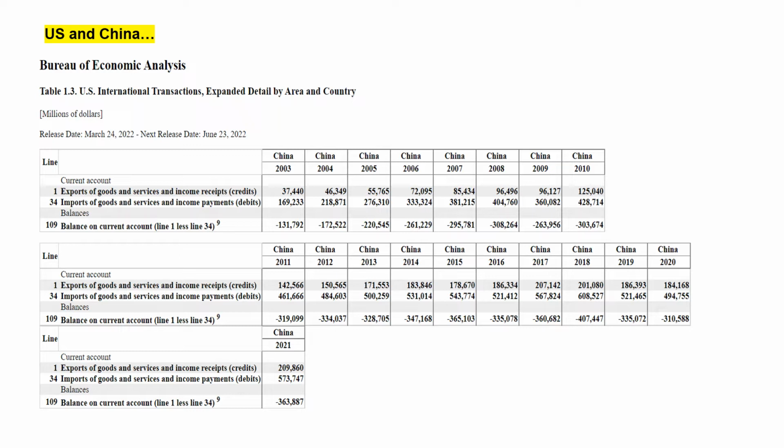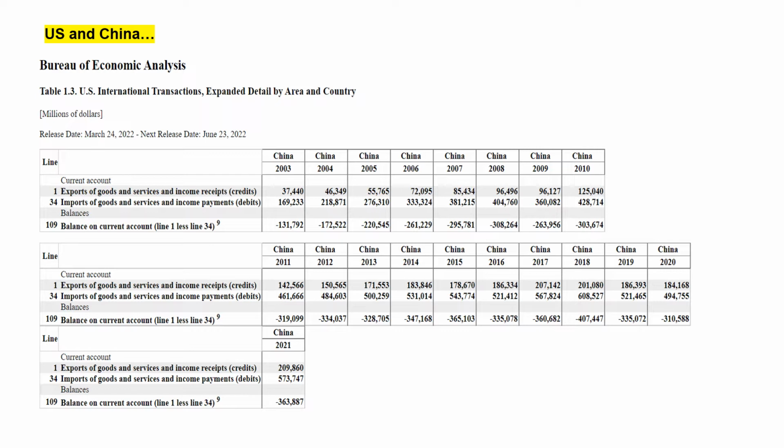And in fact, what we see is a huge disparity. To put it in perspective, and we'll be getting into finer detail as we go forward, we've been running current account deficits with China, meaning that we've been importing significantly more from China than we've been exporting.